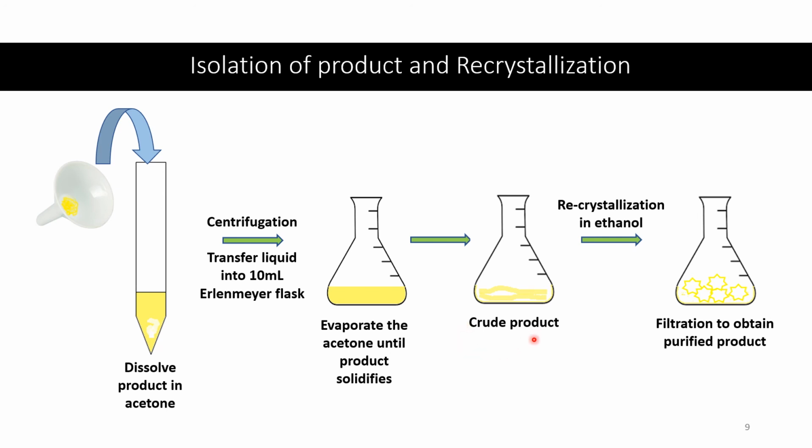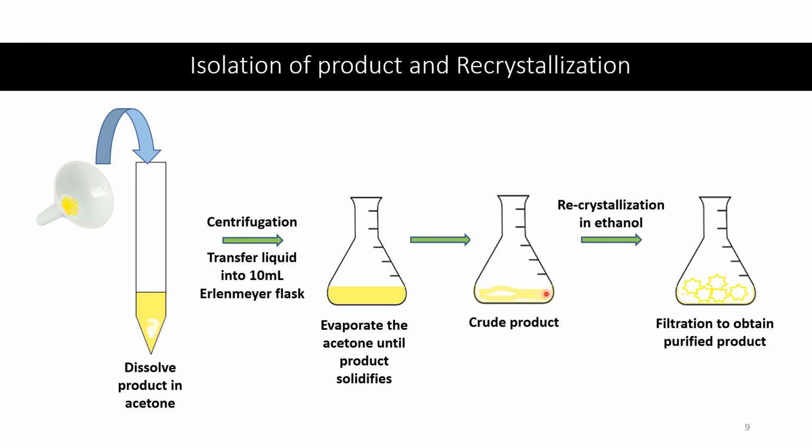So this final product is soluble in ethanol when we increase the temperature. So when we heat it, this product will dissolve in ethanol. Any impurities that were trapped in the crude crystals will be released and solubilized in ethanol.